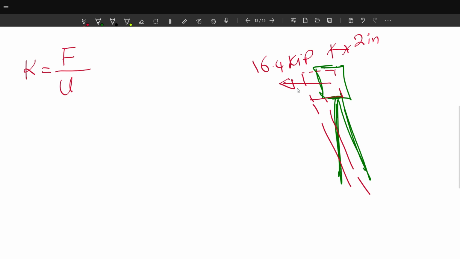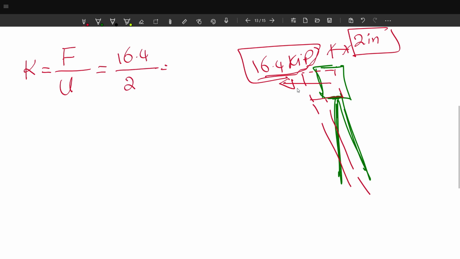From the beginning of this example, they said that we pulled it with 16.4 and we measured the displacement to be 2 inches. So we have here 16.4 over 2. It is going to give us 8.2 kips per inch.